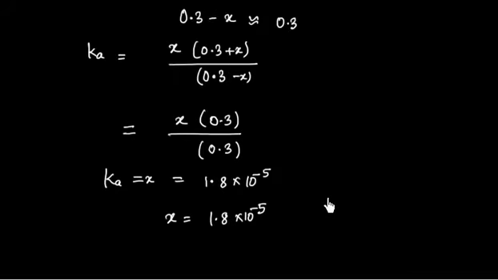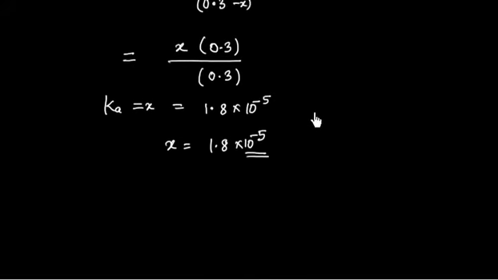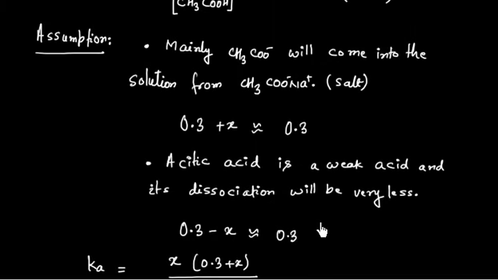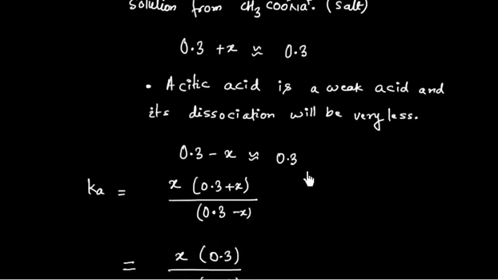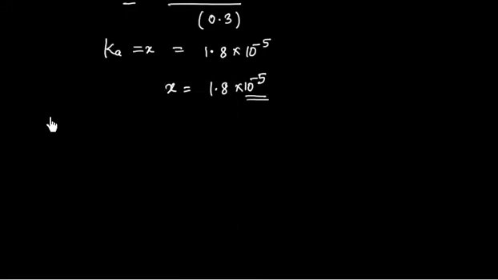Now we can check the assumption. x is of the order of 10 to the power minus 5, and 0.3 is of the order of 10 to the power minus 1. So we can always ignore x with respect to 0.3. In this case also we can ignore 1.8 times 10 to the power minus 5 compared to 0.3. So my assumption is okay.